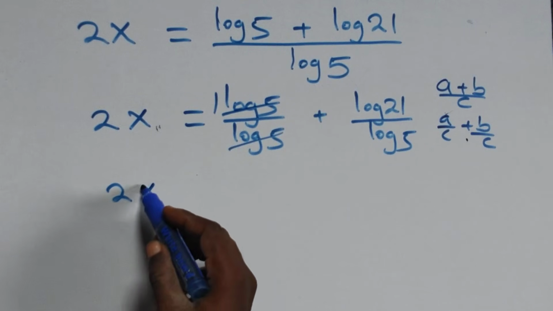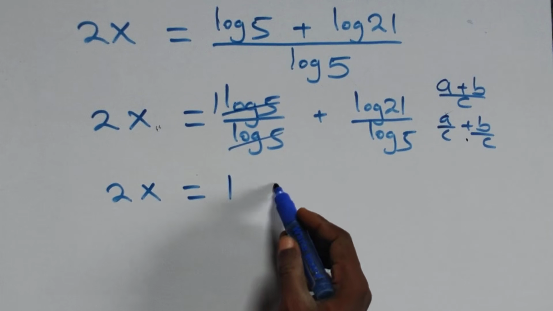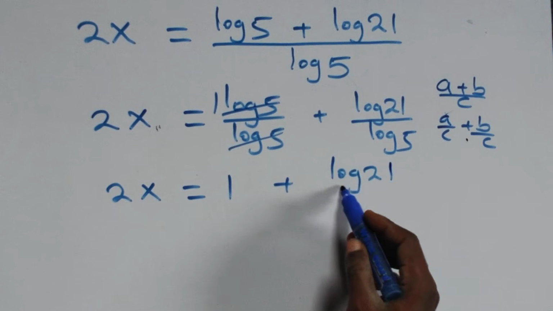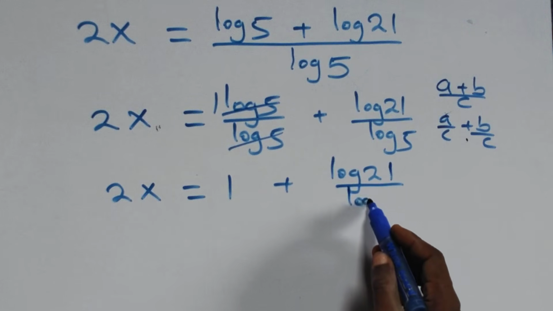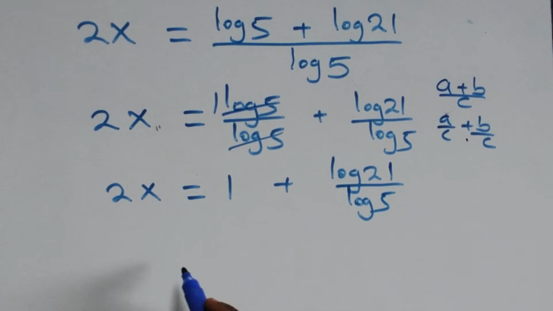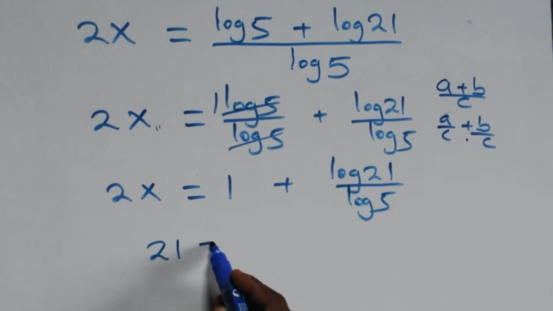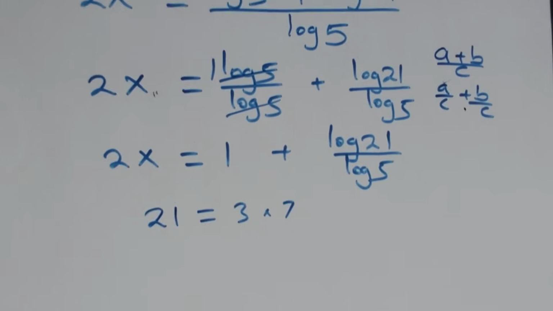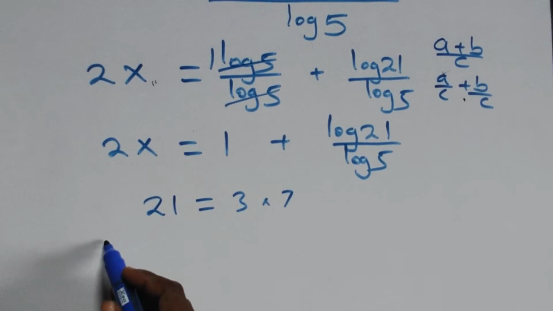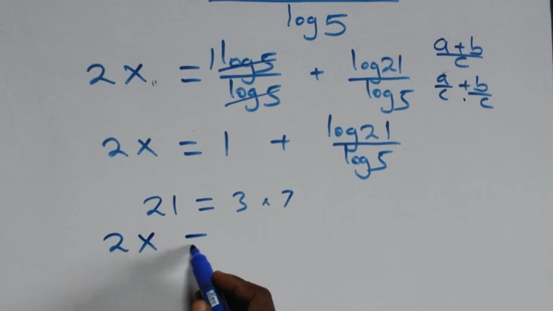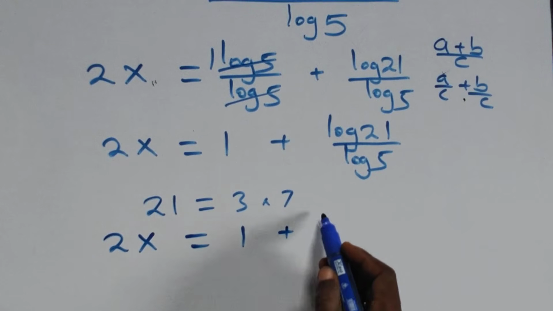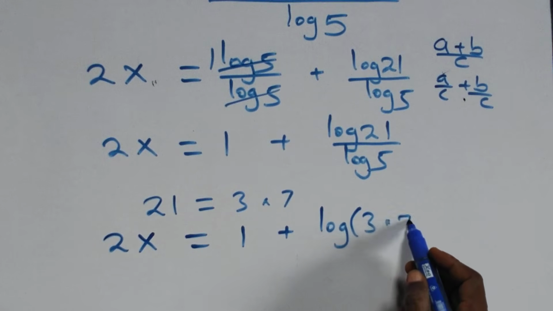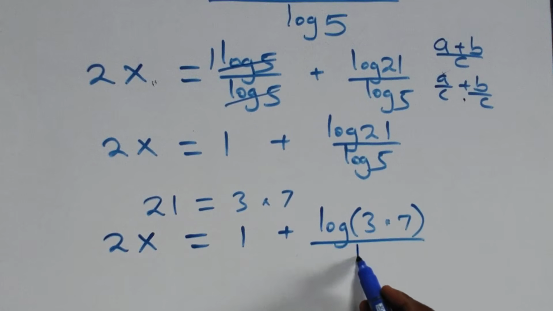What we have becomes 2x equals to 1 plus log 21 over log 5. The next step here also, write 21 as 3 times 7. So this equation becomes 2x equals to 1 plus log 3 times 7 over log 5.